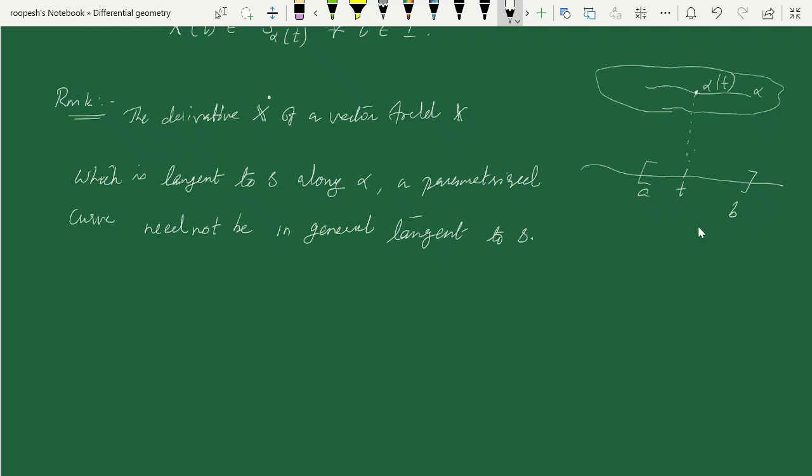But here the fact is that we can define a vector field which is tangent to S also.